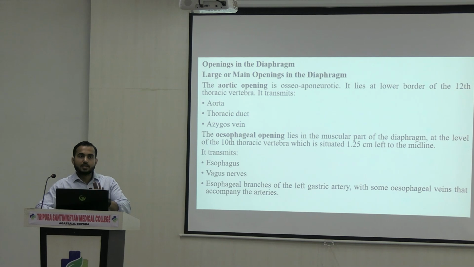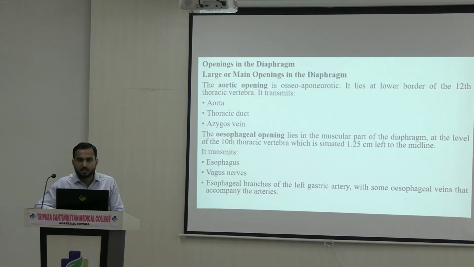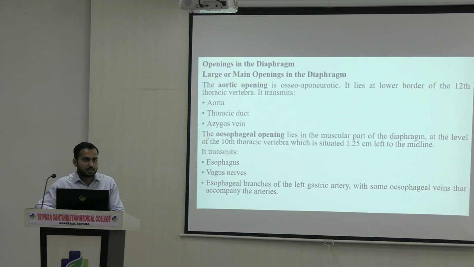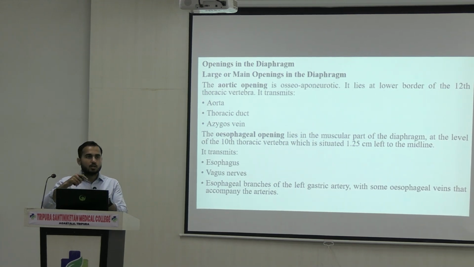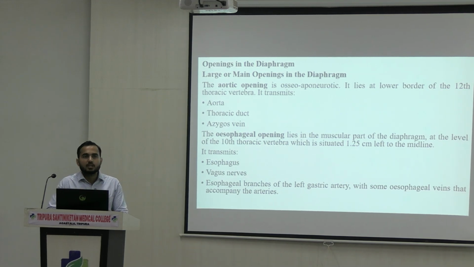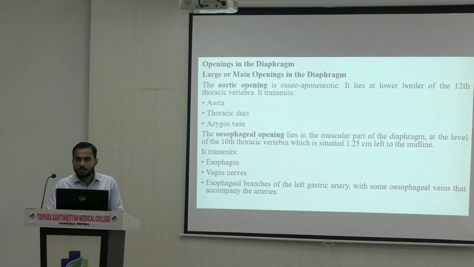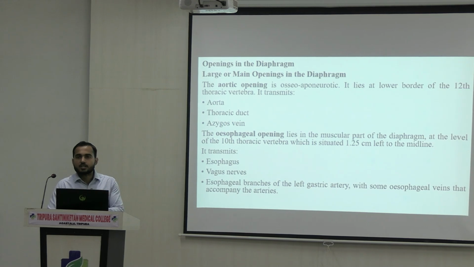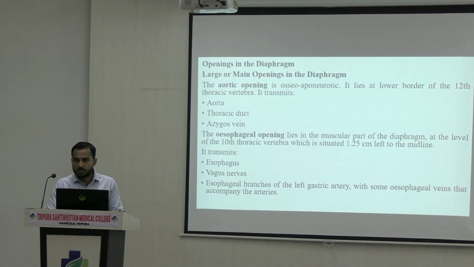Some structures are descending, for example the esophagus and the aorta. For that, there has to be some opening. If the openings are not there, those structures cannot go downwards or upwards. That's why multiple openings are there in the diaphragm. Those openings are categorized into 2 divisions: major openings and minor openings.